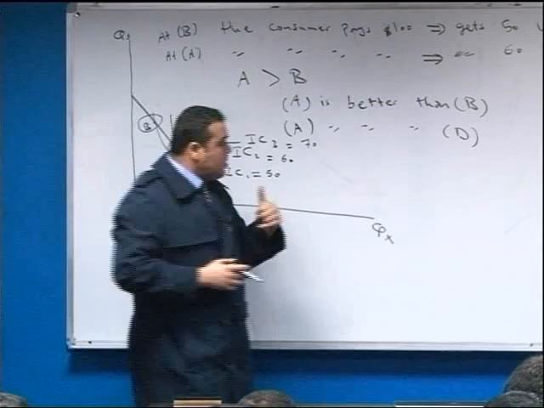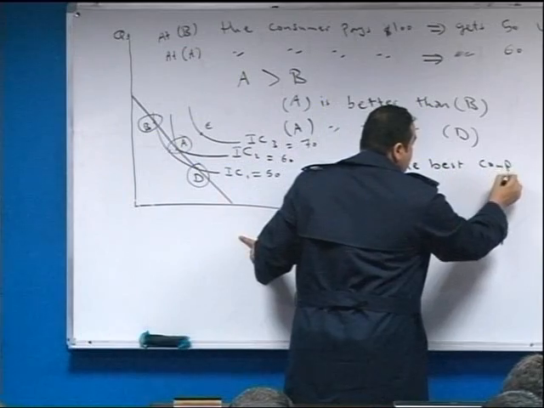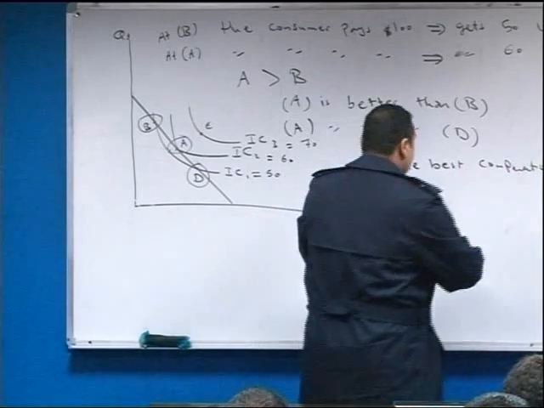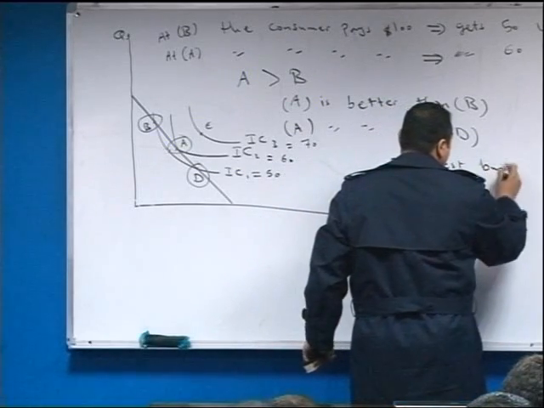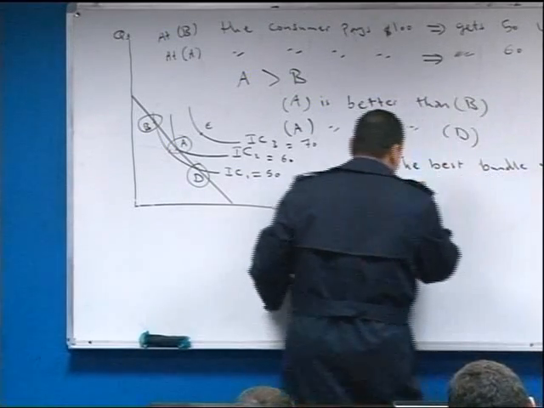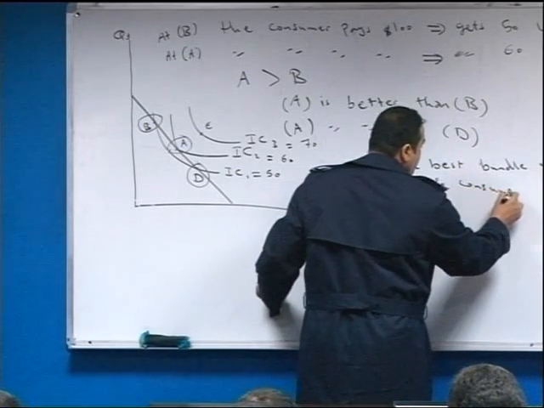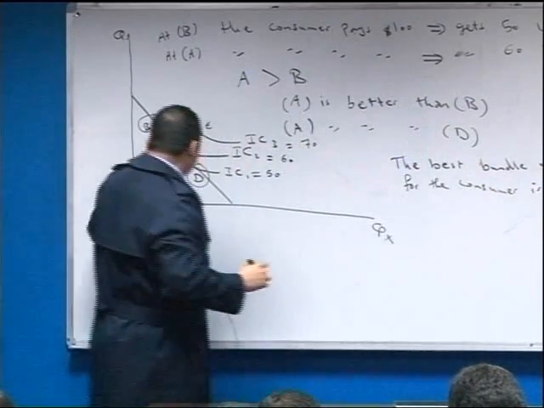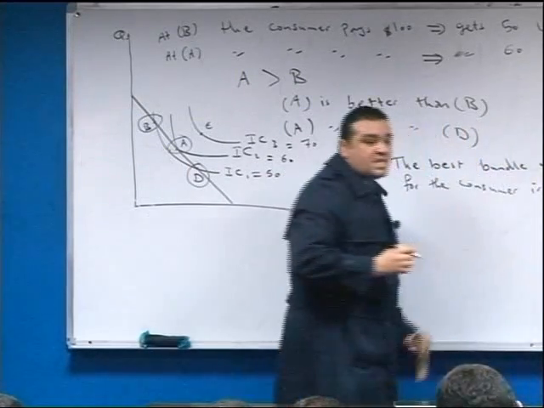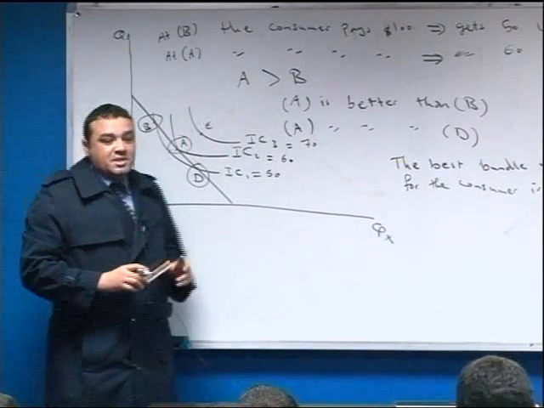So the best combination, the best bundle of goods for the consumer is the bundle A, because it gives him the highest utility under the limited income.